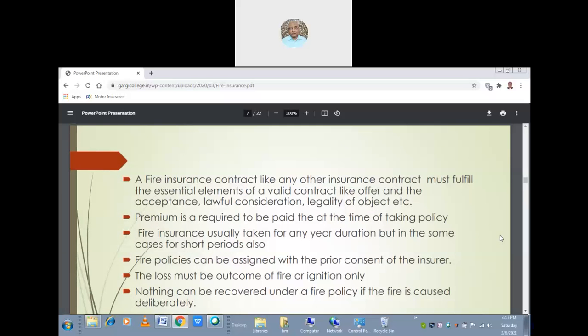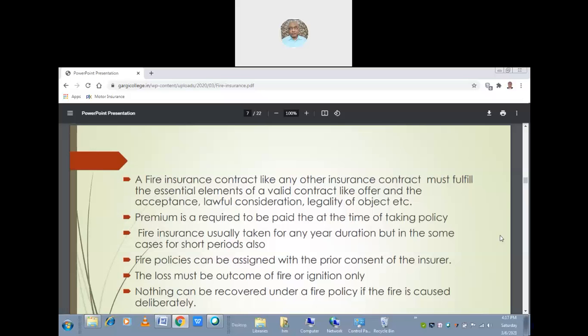A fire insurance contract, like any other insurance contract, must fulfill the essential elements of a valid contract, like offer and acceptance, lawful consideration and legality of the object. So whatever is required for the validity of a contract will be fulfilled in fire insurance too, because fire insurance is nothing but a contract.